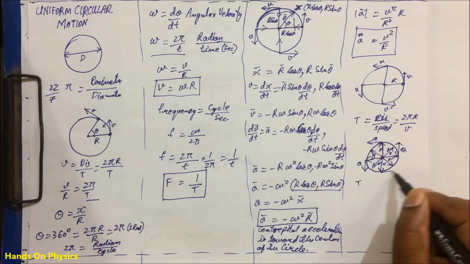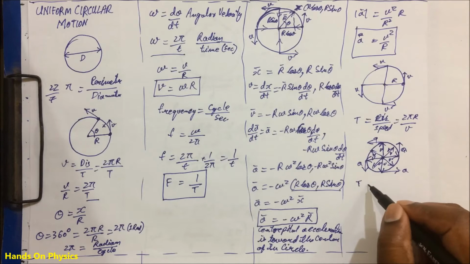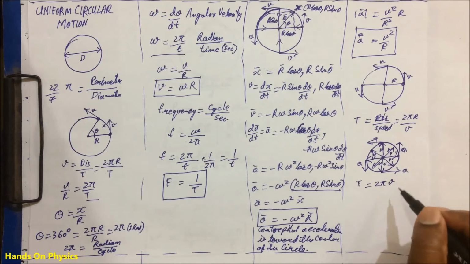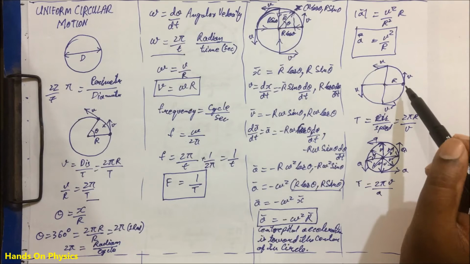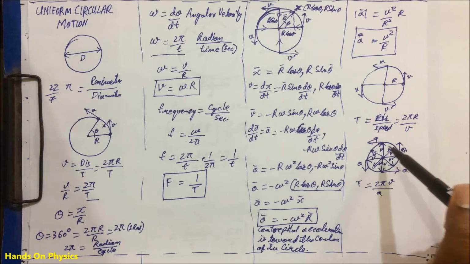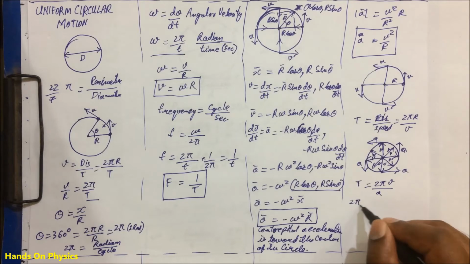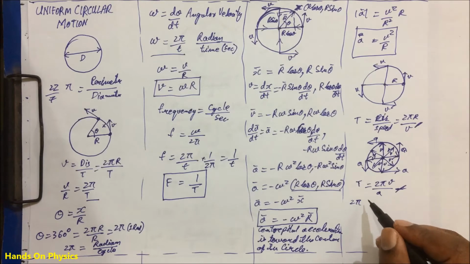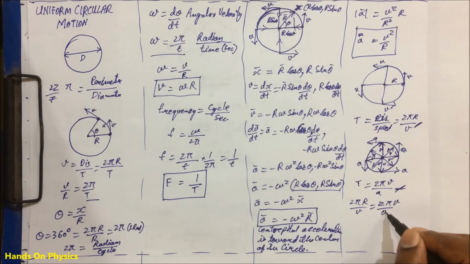So what is the time taken to move around this velocity circle? That will be the distance, 2 pi v, since here there is no r but v in this vector circle, divided by a. Since the time for the particle to go around the circle is the same as the time for the velocity to change and come back to the same point, we can equate these two equations. So 2 pi r by v is equal to 2 pi v by a.